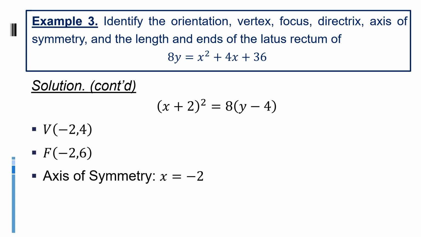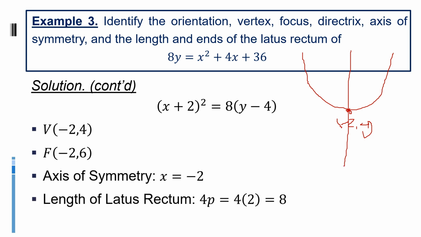Paano natin nalaman? So again, kanina, dun sa drawing natin, so kung ito ay negative 2, 4, malamang andito yung axis of symmetry. Eh, di ba? X equals negative 2 yan. Okay? And the length of the latus rectum is 4p equals 8. So from the focus, ang focus natin is negative 2, 6. Okay? So eto yung latus rectum natin.